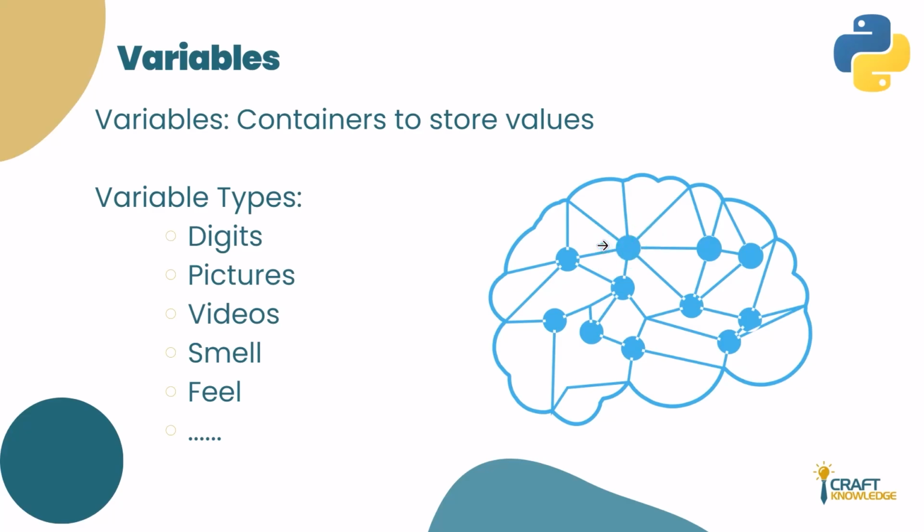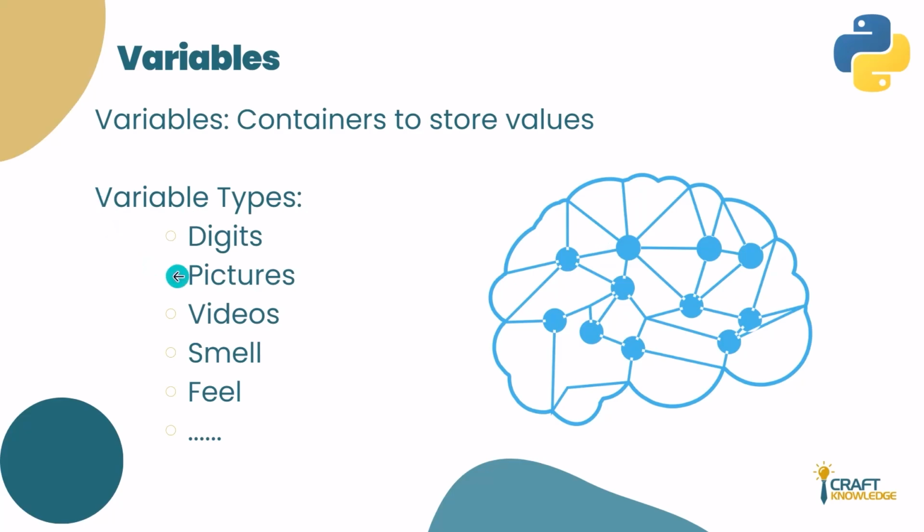I may say 20 again, but no, I'll be 21. So I'll update the information in my brain cell, and so on. So the information in our brain cells was basically the motivation behind these variables. The way we store different information in our brain, we want to replicate this process for the programming languages.